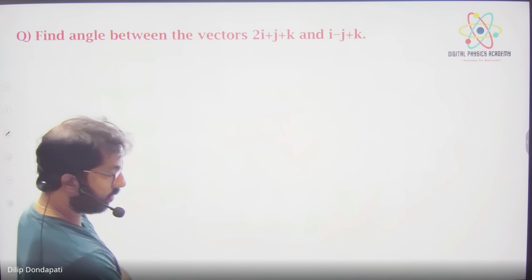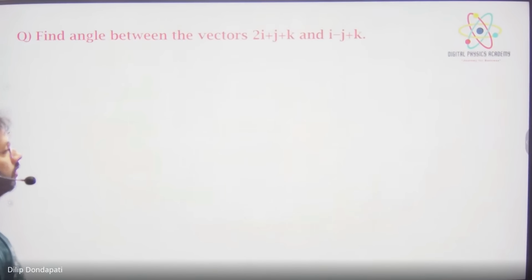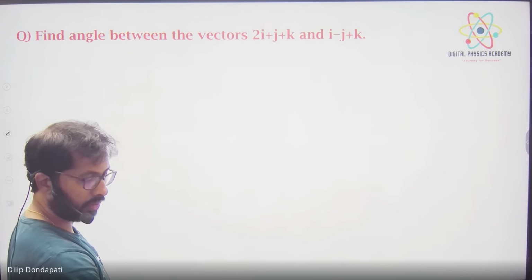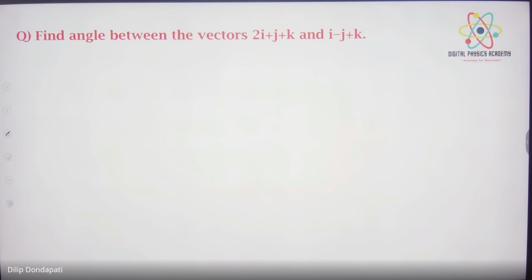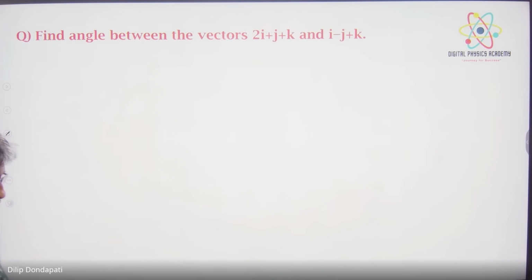Find the angle between two vectors. 60 degrees.